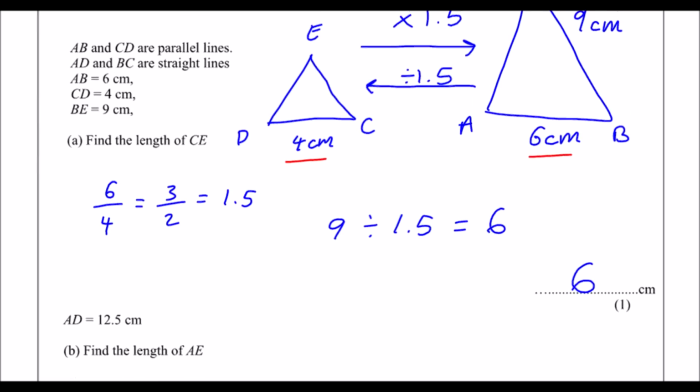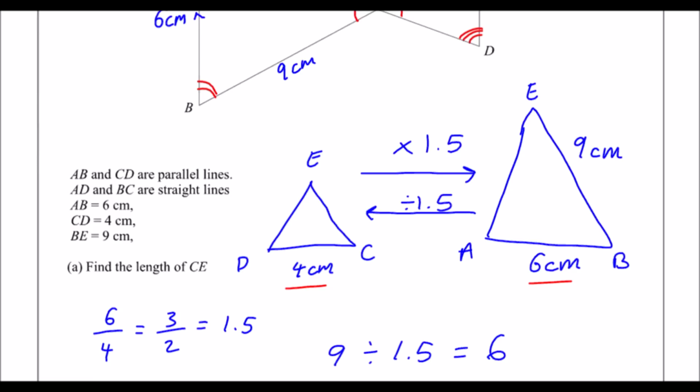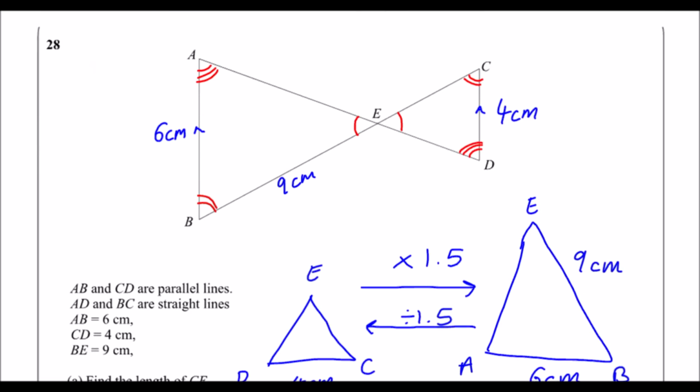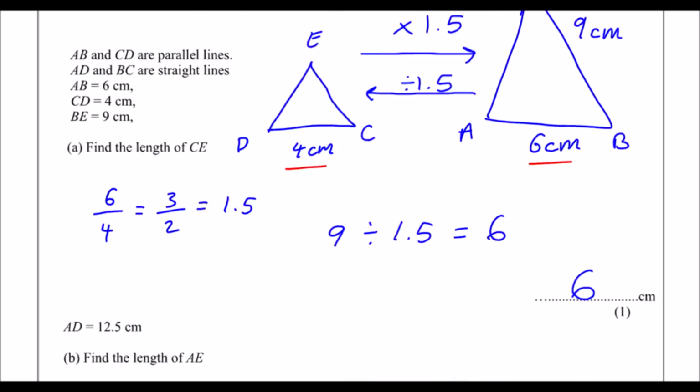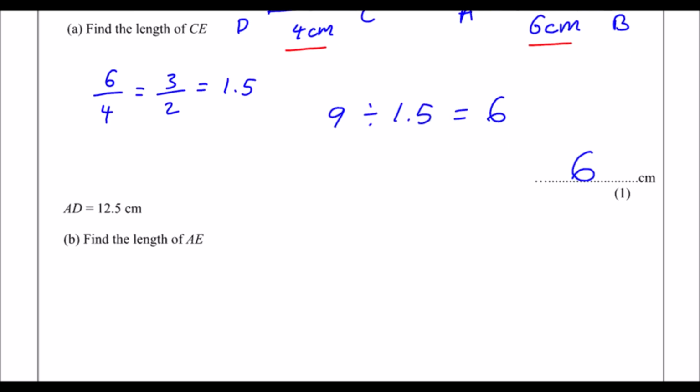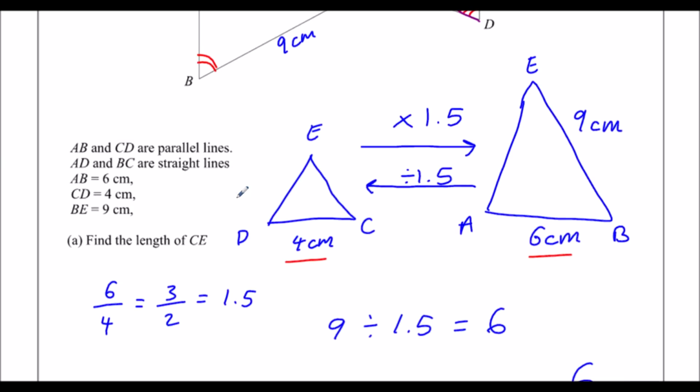AD is 12.5 centimeters. AD, that's the entire length. Find the length of AE.